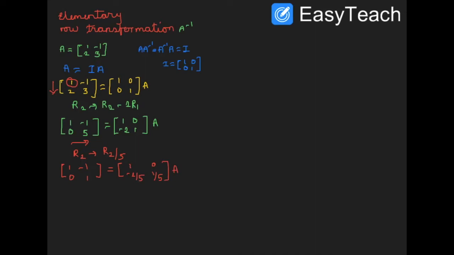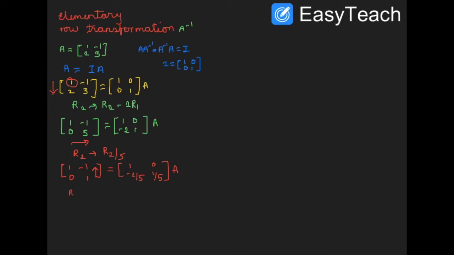So now what happens? Now this has gotten converted into 1, 0, 1. I'm left only with the last element. So now I move in the upward direction to convert this element into 0, and that means this element belongs to row number 1. So what do I have?